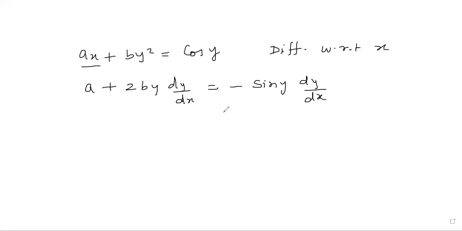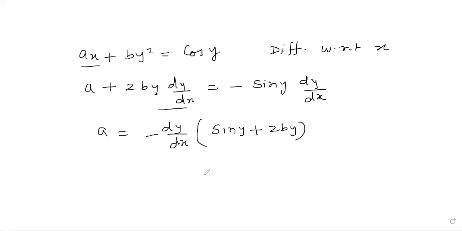Now we can shift this dy by dx term to RHS. So a equal to dy by dx common with a negative sign, and then sin y plus 2by, or dy by dx equal to minus a divided by sin y plus 2by. Let's take some more examples.